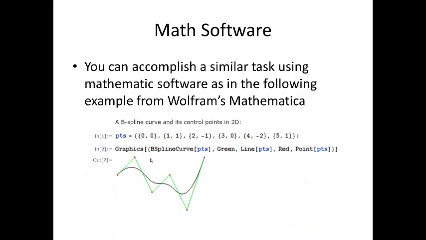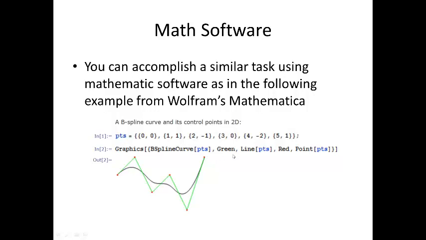You can also accomplish similar tasks using mathematical software, and this is an example from Wolfram's Mathematica software. Here is a B-spline curve and its control points in 2D. What you do is input the points and their evaluation at those points, and have the math software graph the B-spline curve at those points.